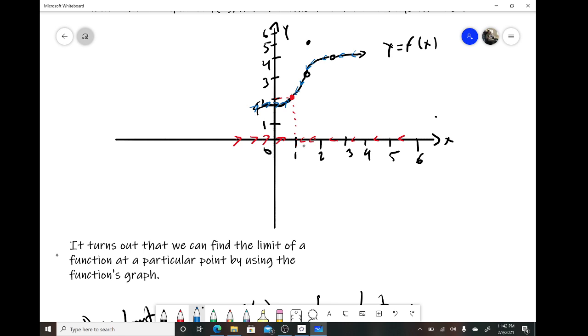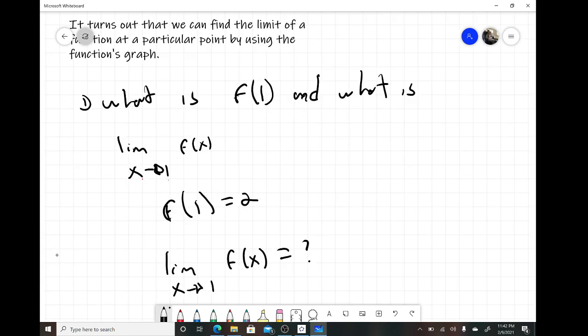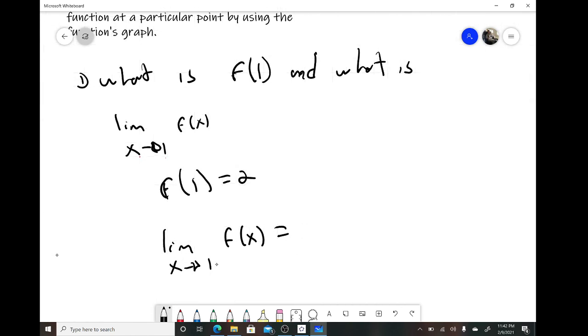As you get closer and closer to 1, we see that these blue arrows that I drew are getting closer and closer to 2. So because the function values as we approach 1 from the left and the right both go to 2, we conclude that the limit is equal to 2. Again, we have to look at the values as x gets closer and closer to 1 on both sides of 1.